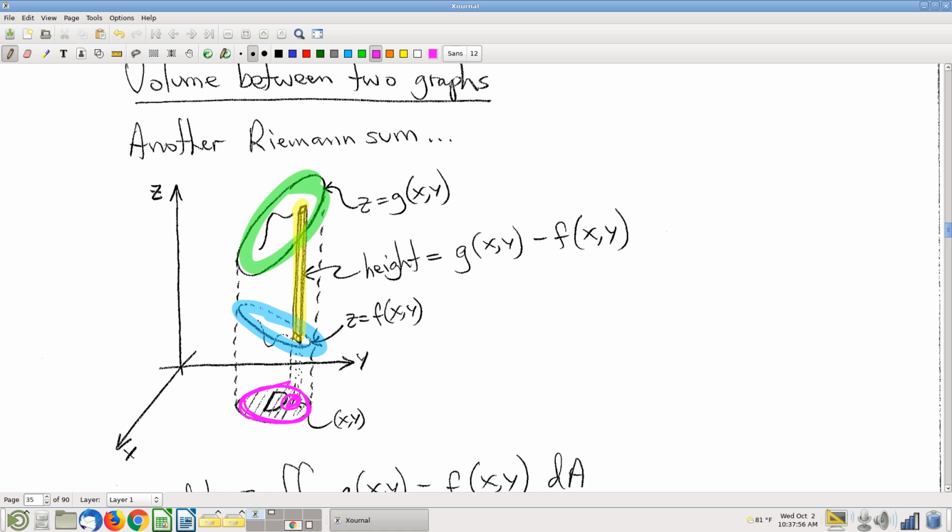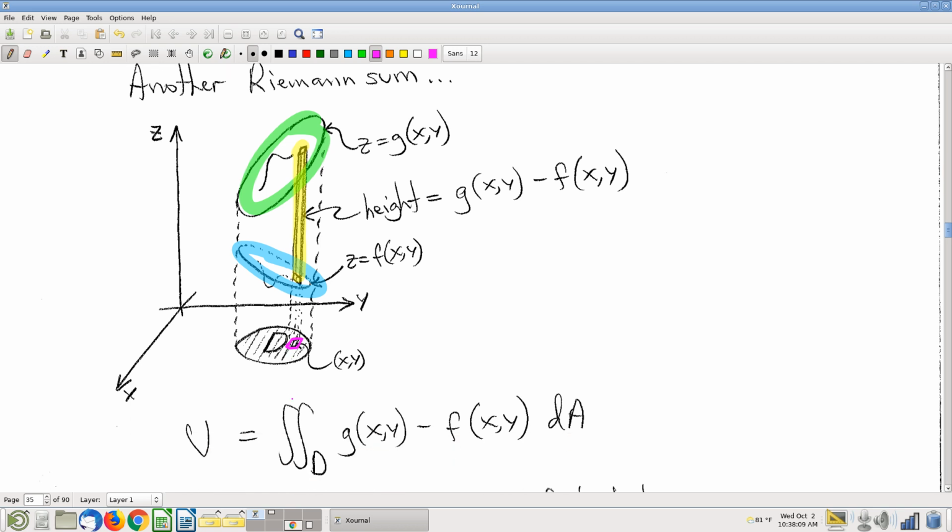That's what a Riemann sum is. Okay. All right. So, looking at this little piece of domain here, what is the resulting volume? Well, the volume that we're interested in there.